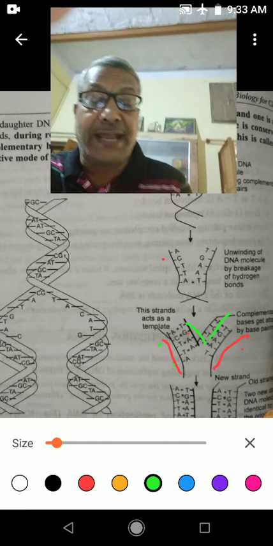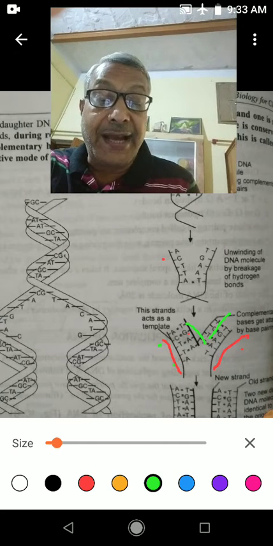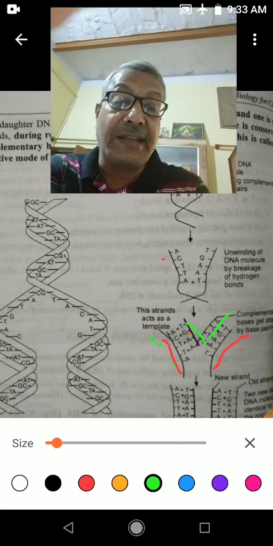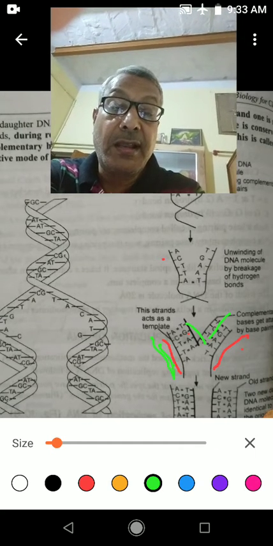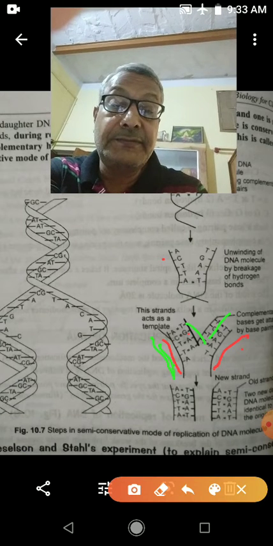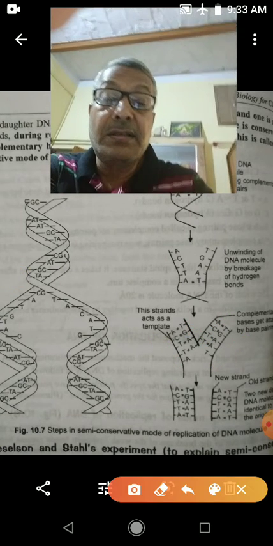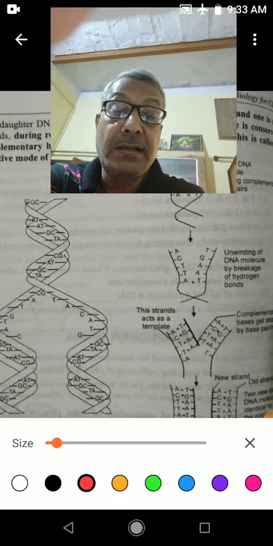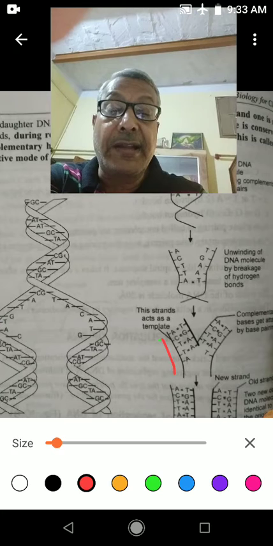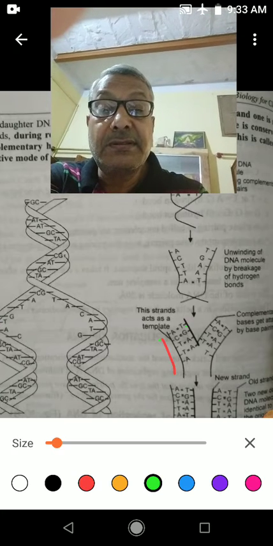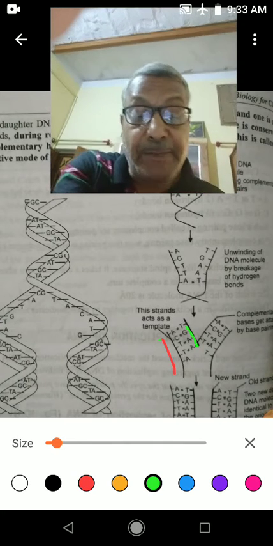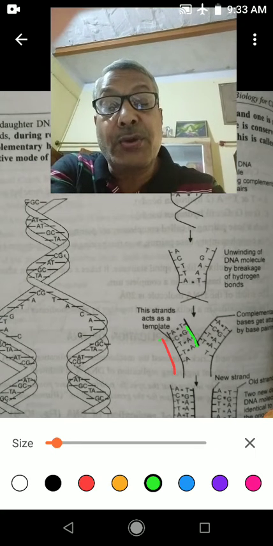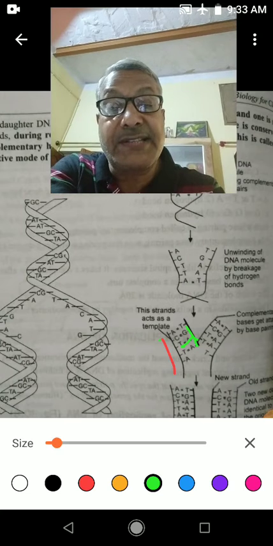Once the nucleotides are attached by their hydrogen bonds, this is the template, and the complementary strand is this one. When template and complementary nucleotides have come together, there are hydrogen bonds between the nitrogenous bases.